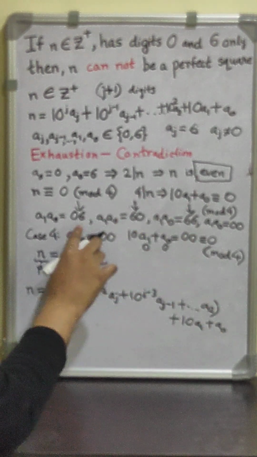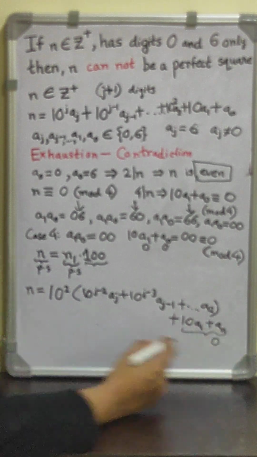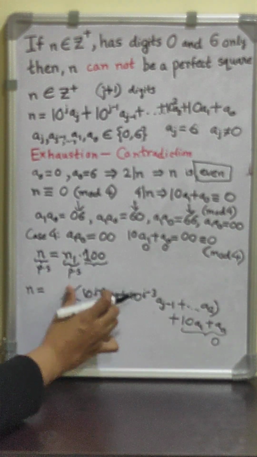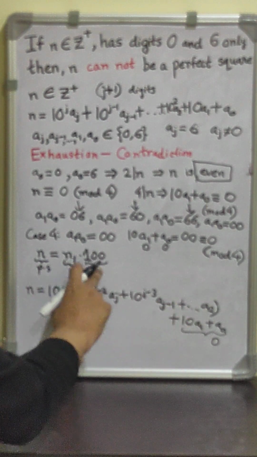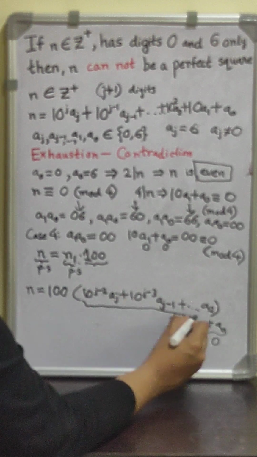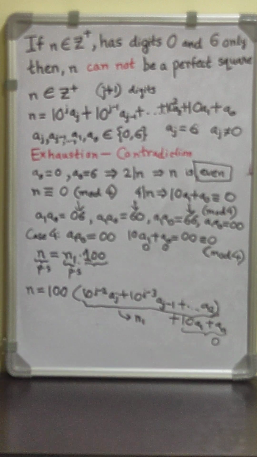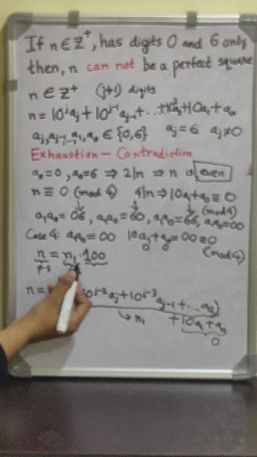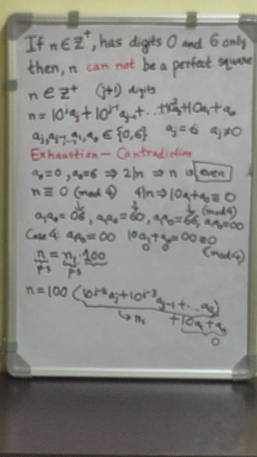But remember, a1 and a0 are 0. So this gives me 0. And 10 squared is just 100. So this is exactly why I have this form. N equals this, because this whole part is basically n1 as I've written here. And this n1 has to be a perfect square for n to be a perfect square.